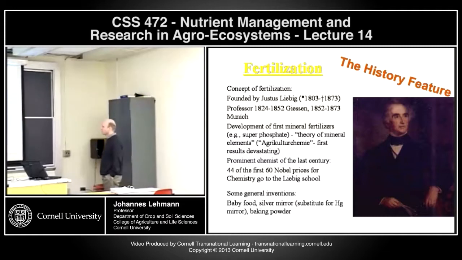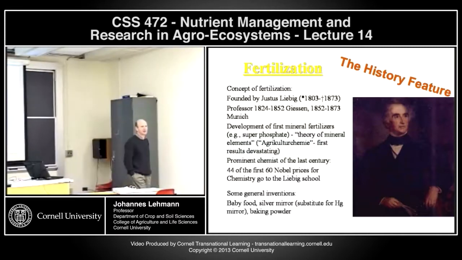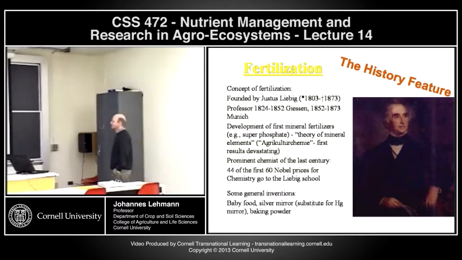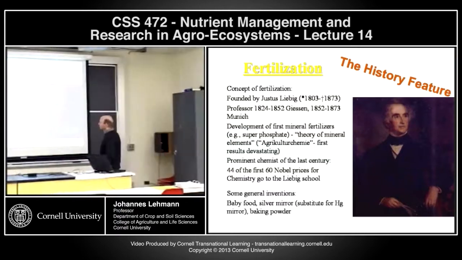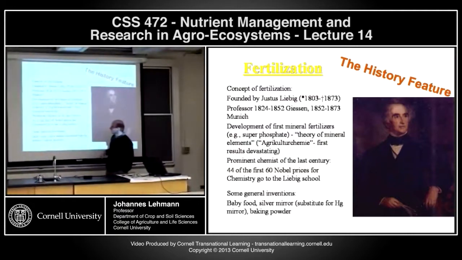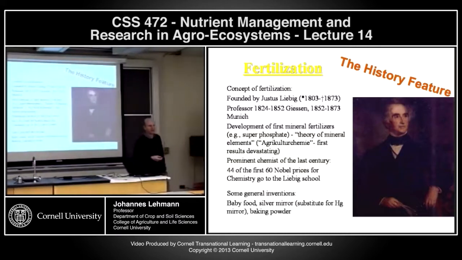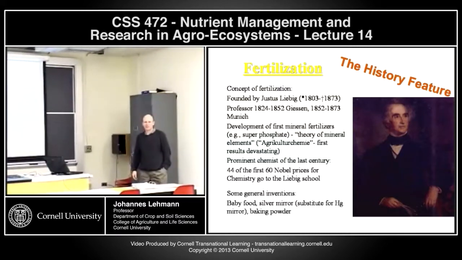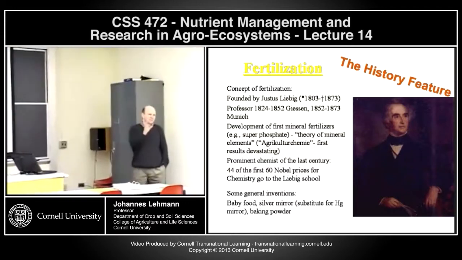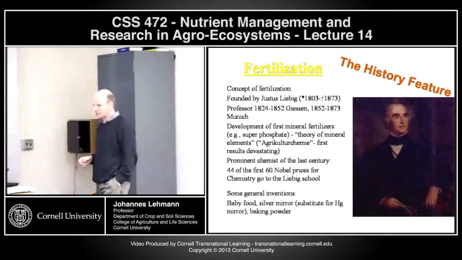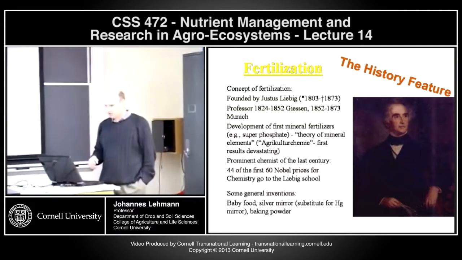He himself never got the Nobel Prize because he died earlier than the Nobel Prize was even instated. But a lot of his students got Nobel Prizes for chemistry. He was really a generalist, like that was very, very common in the 19th century and earlier, that these folks were not just scientists in one particular area, but he invented something like baby food, silver mirror, or baking powder.